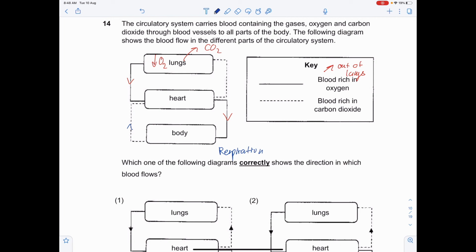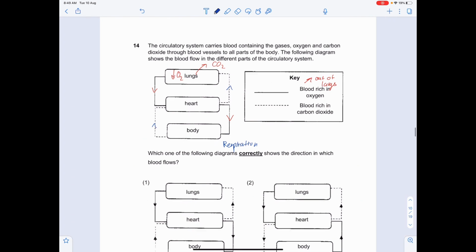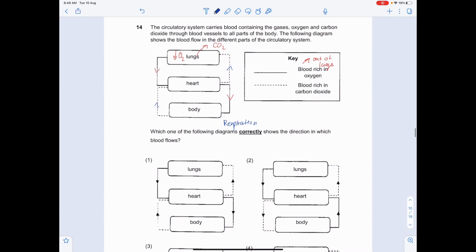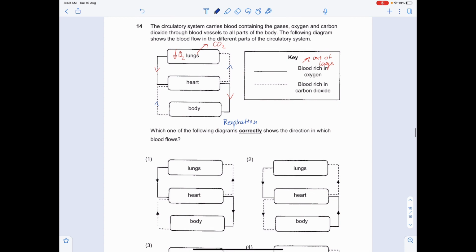It goes back into your heart, because now it's poor in oxygen, it needs to go back to your lungs to be re-oxygenated. So we've already drawn up the diagram, we just need to match it to the option, and the answer would be 1.